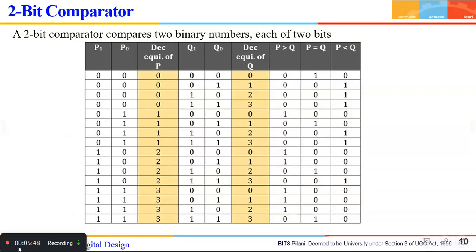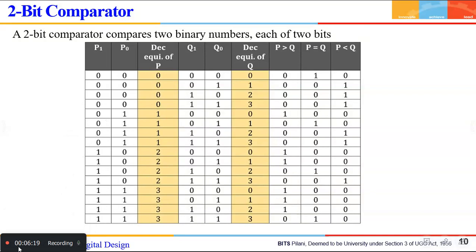Do you know an 8-input Karnaugh map? Then how many squares will be there? See, this itself is 4 cross 4, right? When you solve your K map, this itself is 4 cross 4. Suppose it is a 4-bit comparator, 16 cross 16, right?